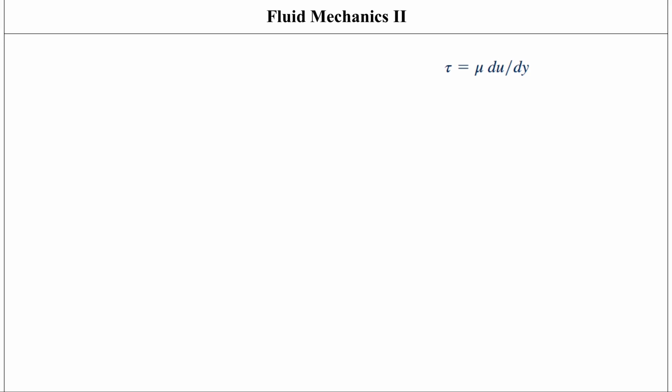And it is tempting to extend this same concept of shear stress for a laminar flow to the turbulent flow as well. But because of experimental and theoretical studies, we know that this is actually not correct for a turbulent flow.